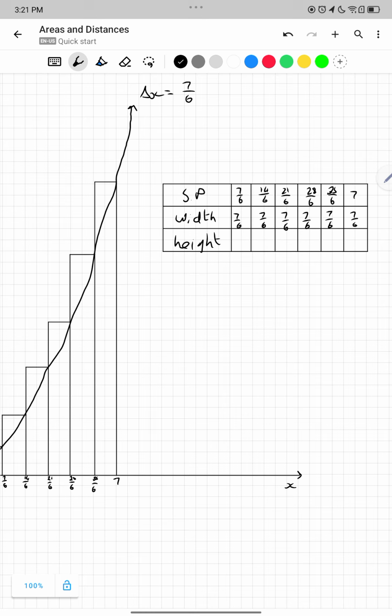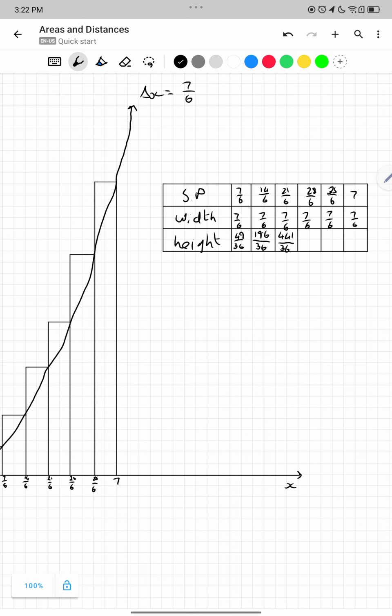Right, so squaring these, from the squared function, we get 49/36. And then if we square 14, we get 196/36. If we square 21, we get 441/36.